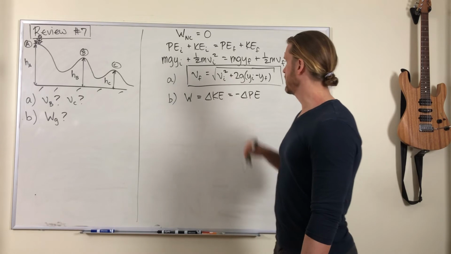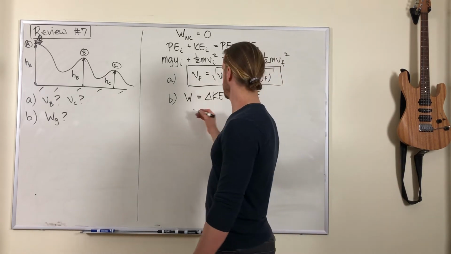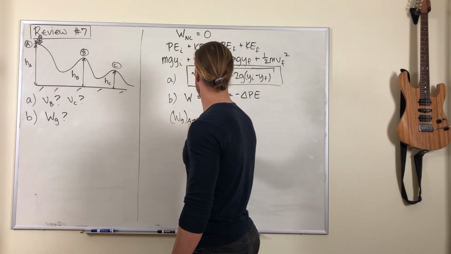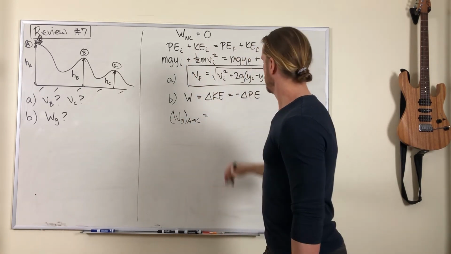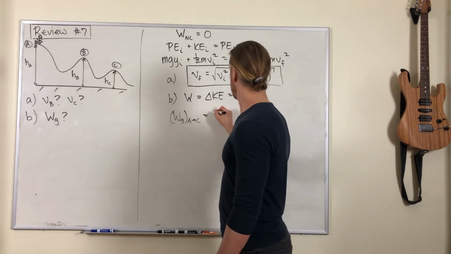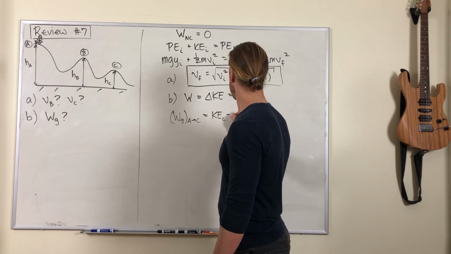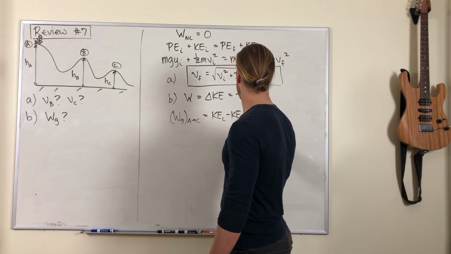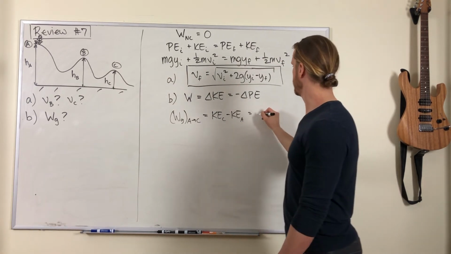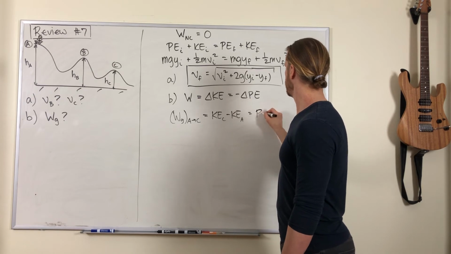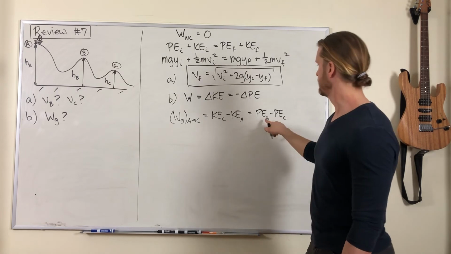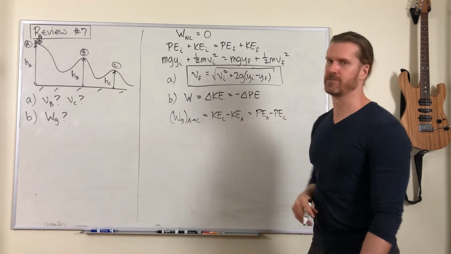So whichever way you want to calculate it, you can do that. For instance, the work done by gravity as you go from point A to point C would equal the change in kinetic energy from point A to point C, or KE at point C minus KE at point A. Or if you wanted to calculate it with the potential energies, it would be the potential energy at A minus the potential energy at C. That's minus the change in potential energy.